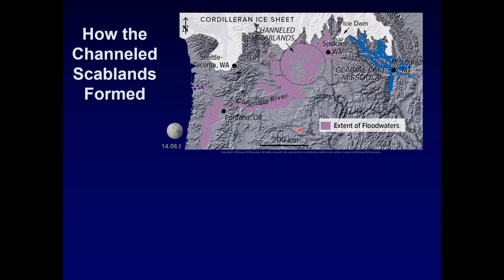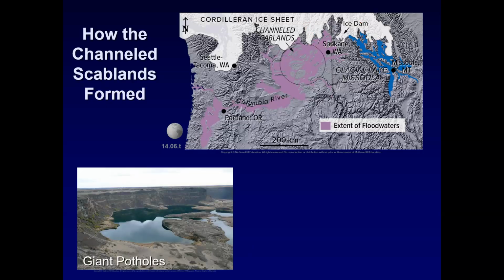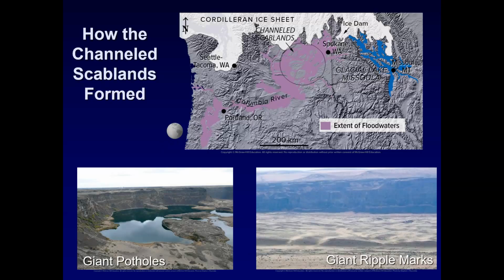This is a catastrophic event that was debated by geologists for quite a bit of time because people said you couldn't so quickly have these scablands form. But the current data supports the theory that these were formed by an ice dam break. They gave us these giant potholes as well with the floodwaters and giant ripple marks.